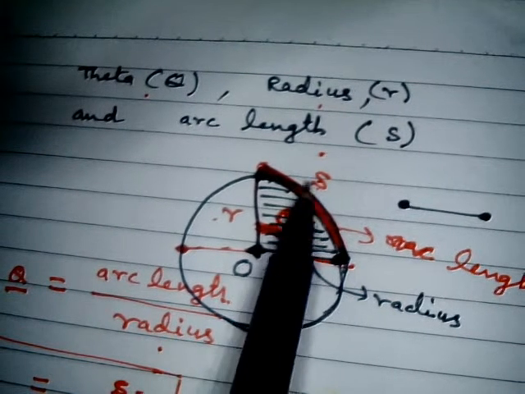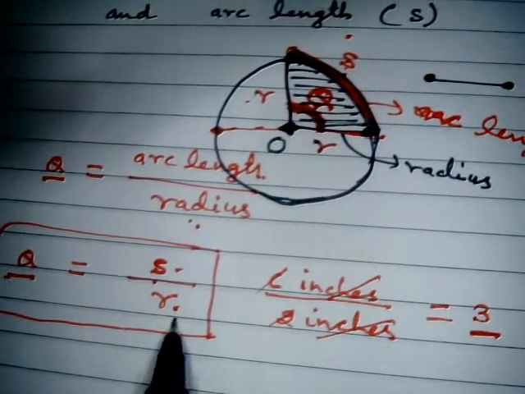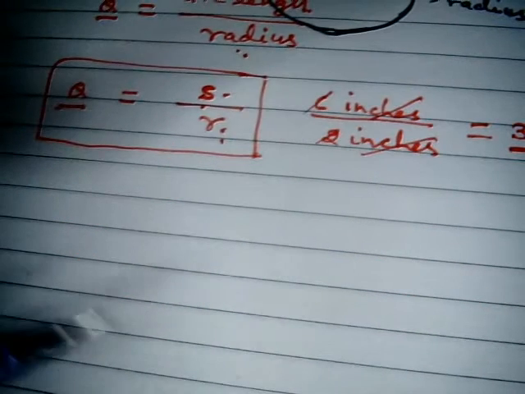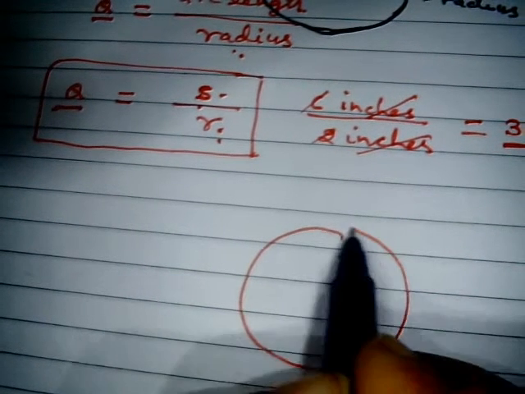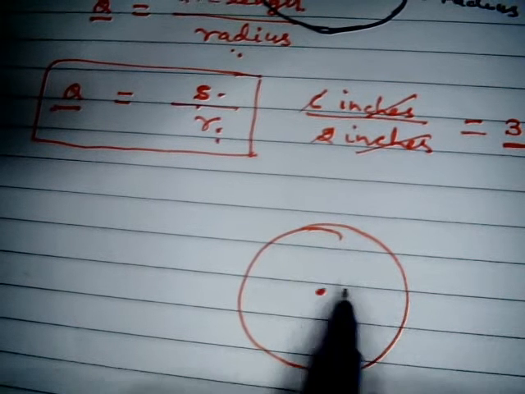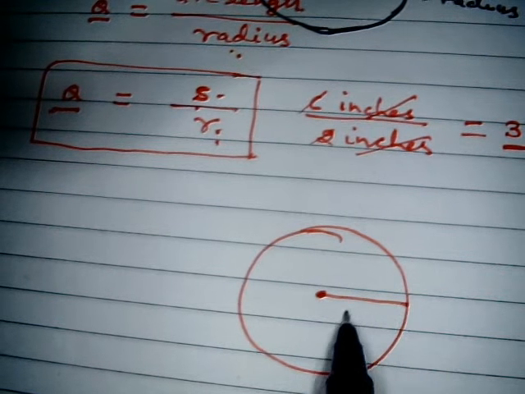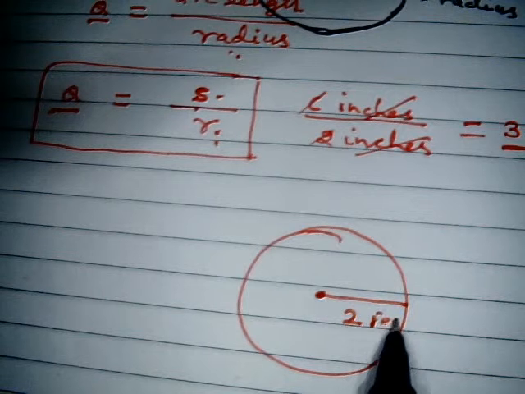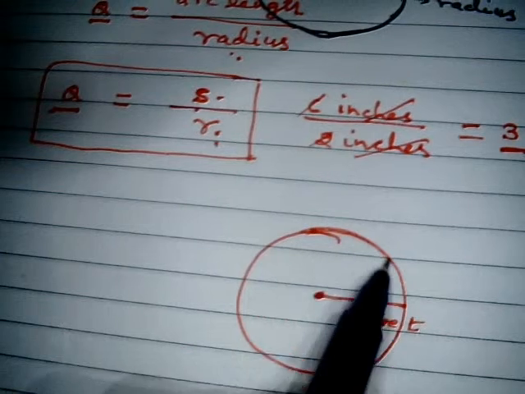Here is an application of this. Suppose the question is given like this: this is a circle. Find the center angle when the radius of the circle is 2 feet and the arc length is 12 feet. So I need to calculate theta. R is given as 2 feet and s, the arc length, is given as 12 feet.